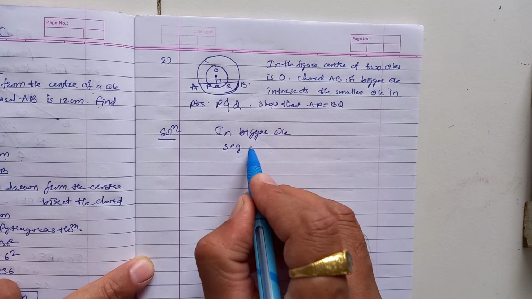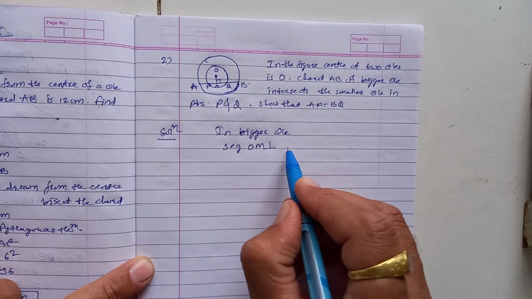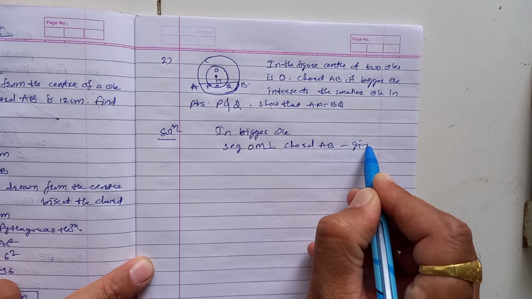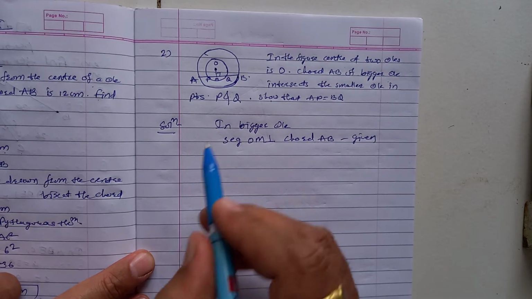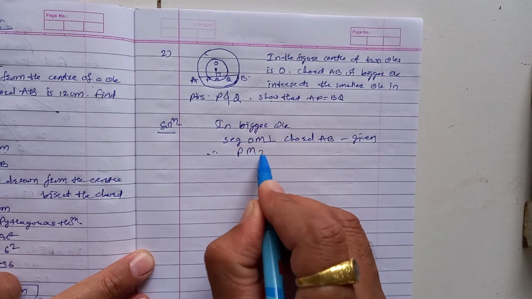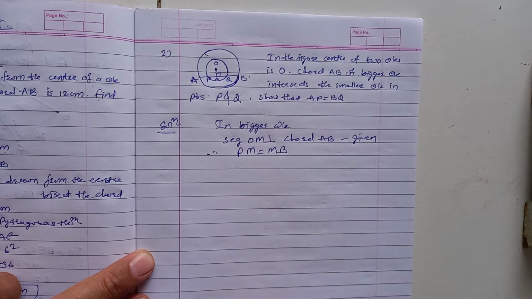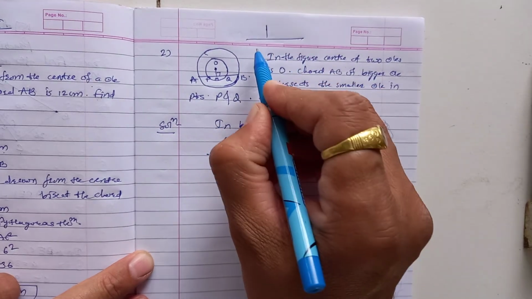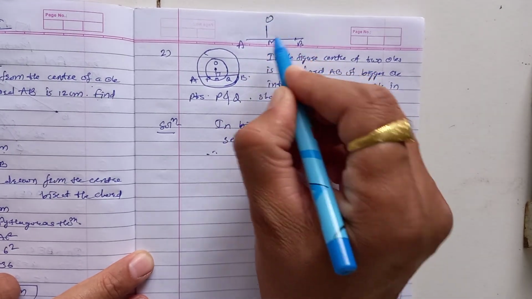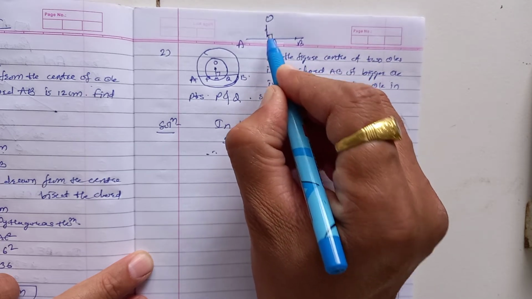Segment OM perpendicular to the chord AB. This is what given. So what we can say, therefore AM, very simple proof, is equal to MB. See here, this is your A, M, B. This is O. It perpendicular means these two parts are equal.